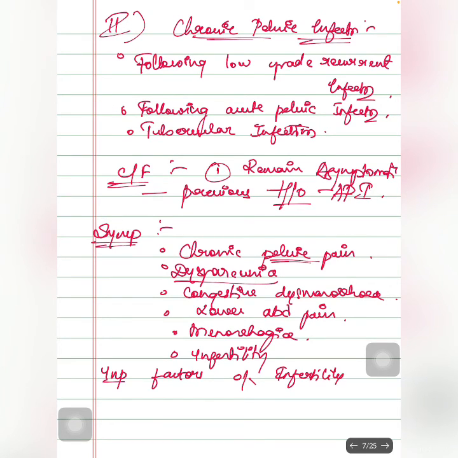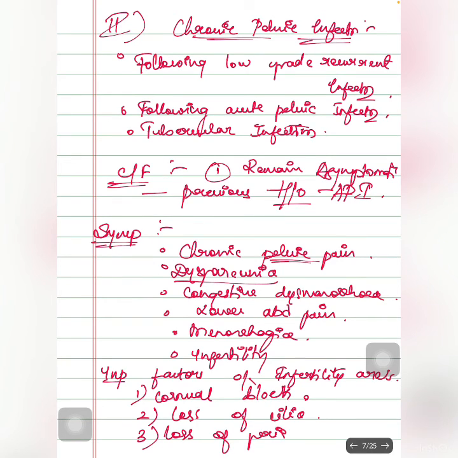First one is cornual block. If there is any cornual block, then you will see infertility. Then loss of cilia, and next we will see loss of peristalsis due to thickening of the tubal wall, which is due to less movement.